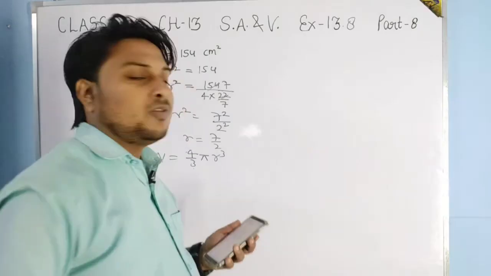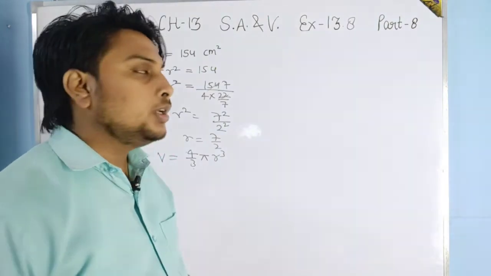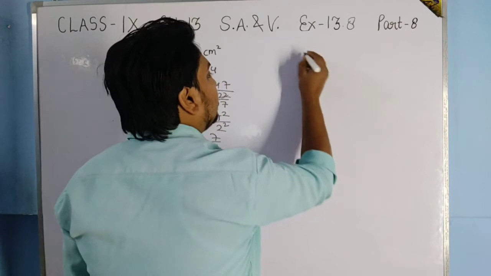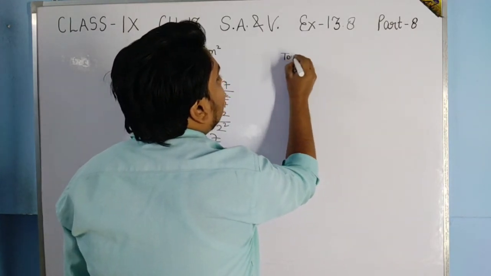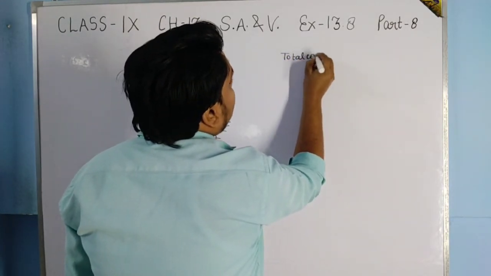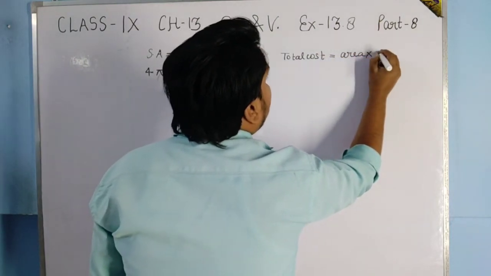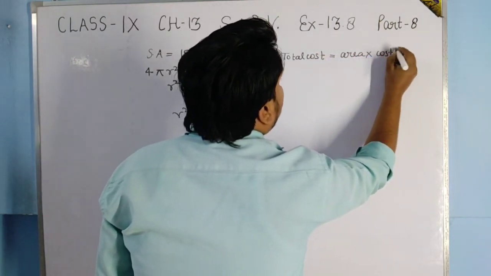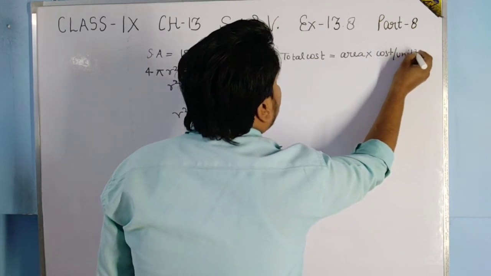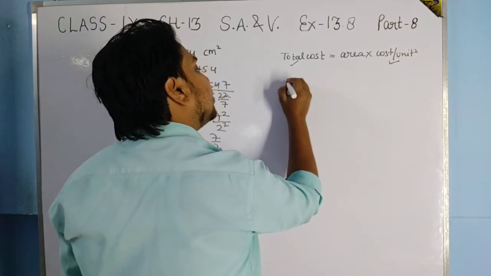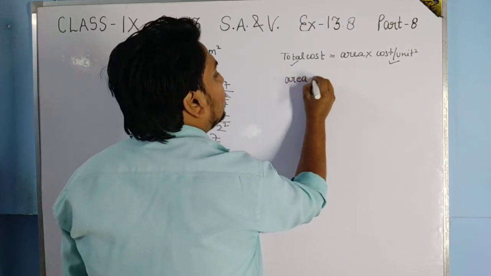So students, I have told you this type of question earlier also. See, as I have told you many times, how you will find the total cost. Total cost is area into cost per unit square. So if total cost and cost per unit square are given, what will be the area?